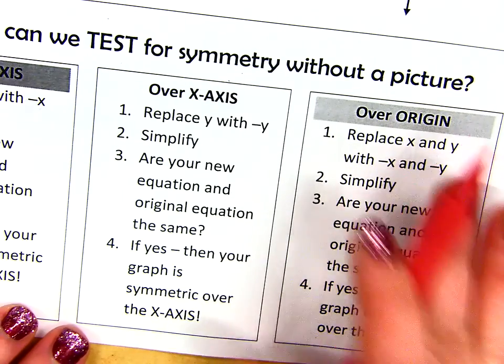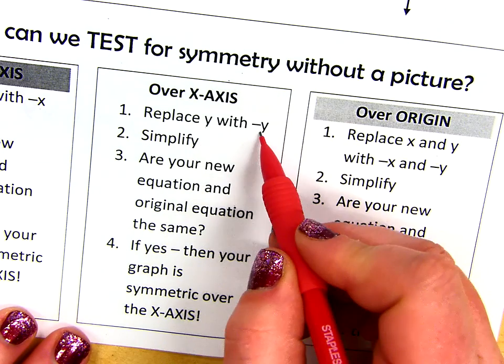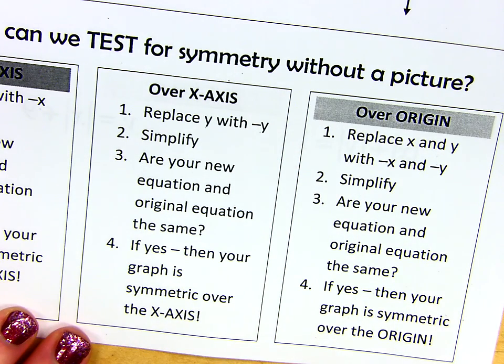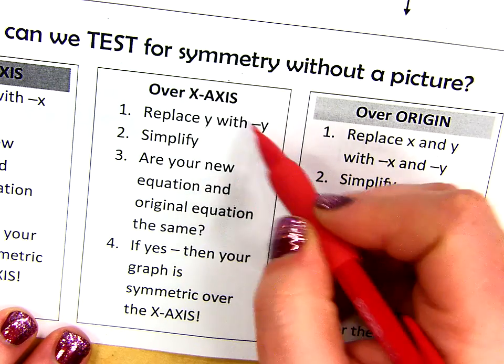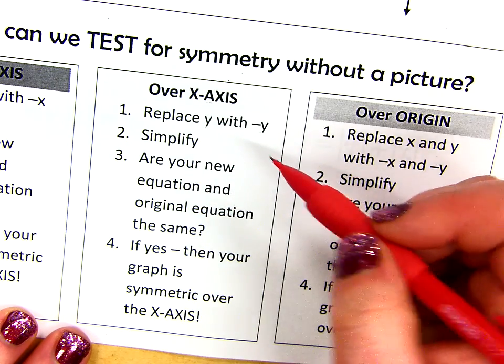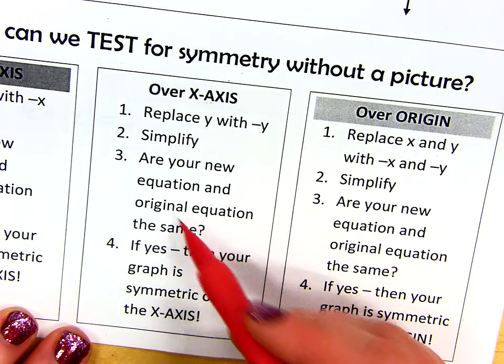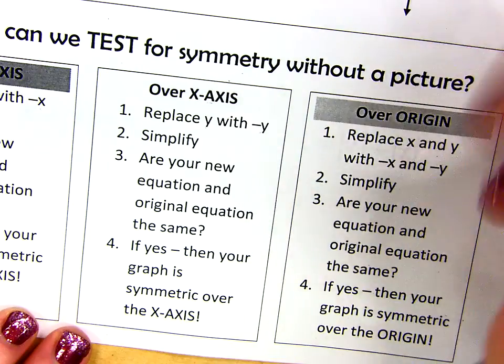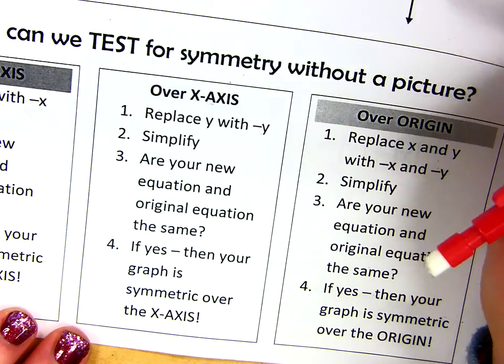For x-axis, same idea, but I'm replacing y with negative y. Whatever I want to test for, I want to replace the opposite variable with its inverse, right? So I would replace y with negative y to test for x-axis symmetry. Again, I'm going to simplify and test to see if my new equation and the original are 100% the same. If they are, it's got x-axis symmetry.